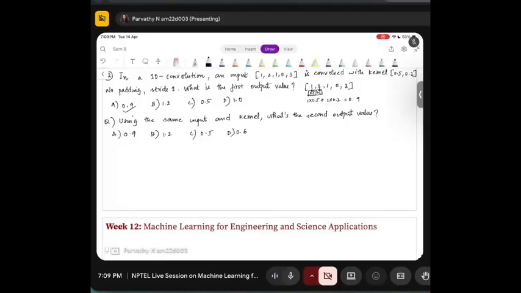So using the same input and kernel, what is the second output value? The stride is 1.